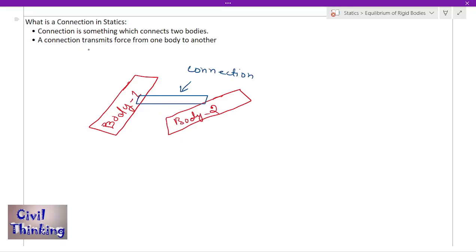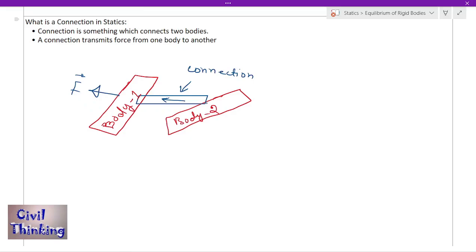Now a connection transmits force from one body to another. For example, if you apply a force F on body 1 in this direction, this force will be transferred to the connection like this, and it will be transmitted to body 2.